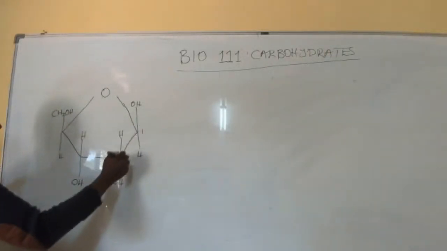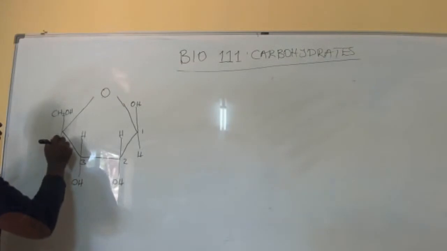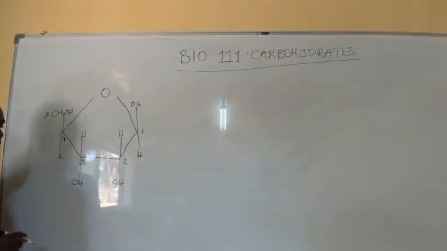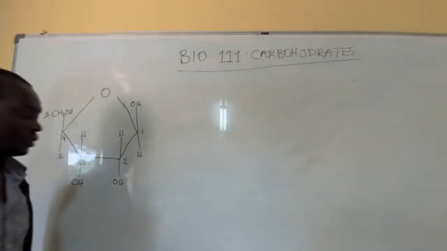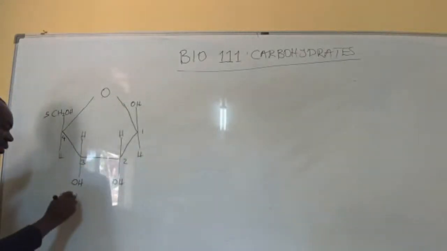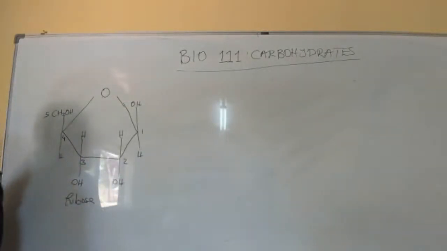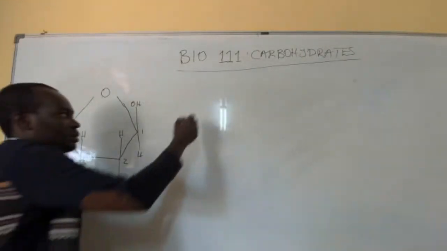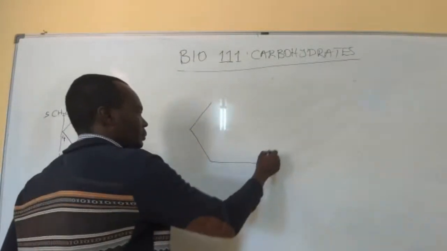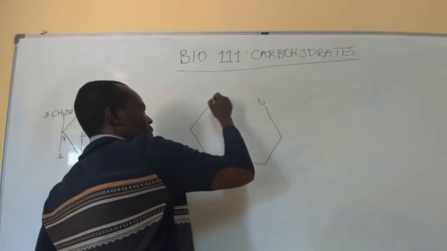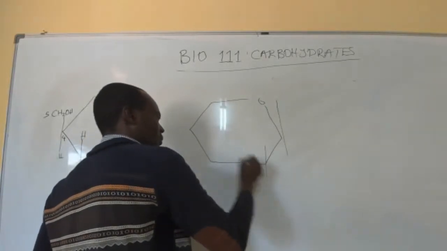So you can see that this is 1, 2, 3, 4, 5. This is your ribose sugar. This is an example of a pentose sugar, whereas this is your hexose sugar, glucose, right?